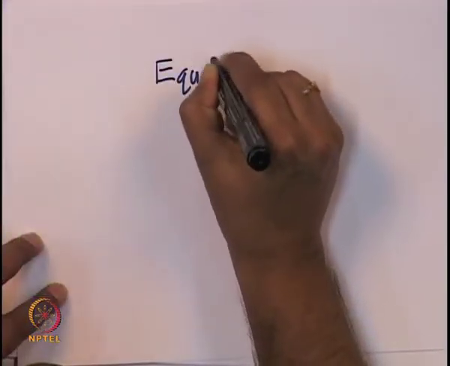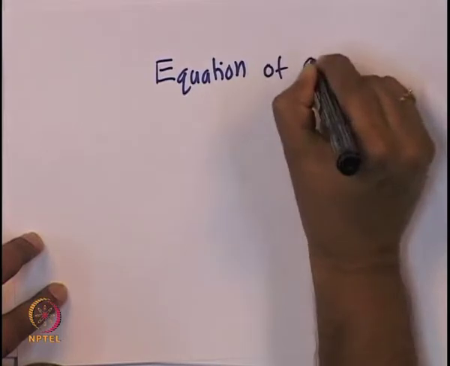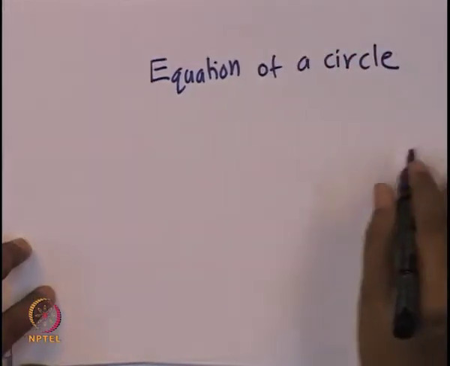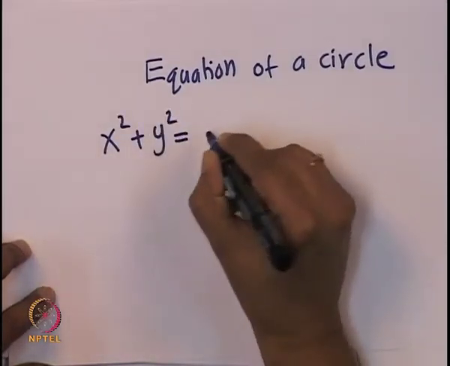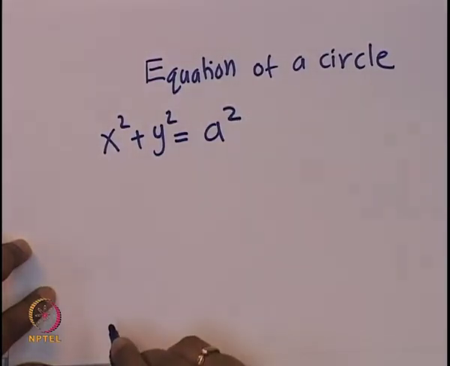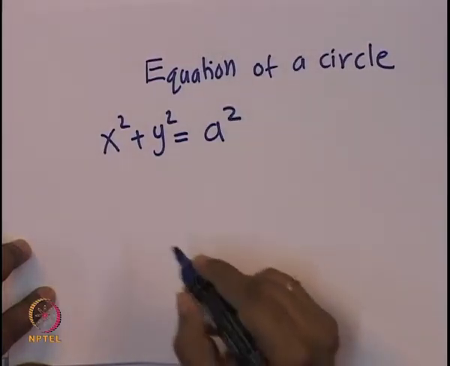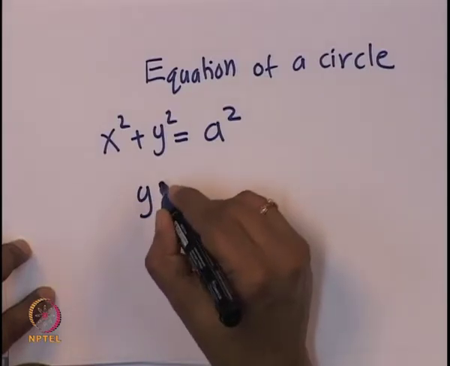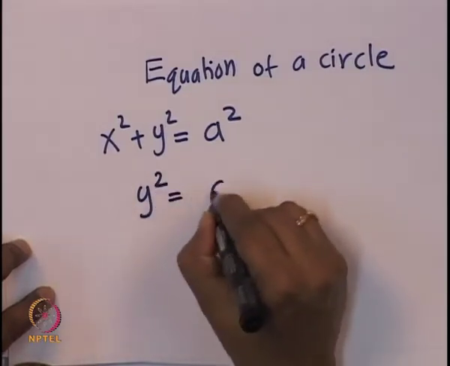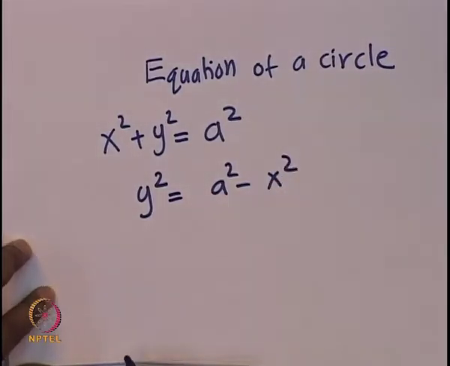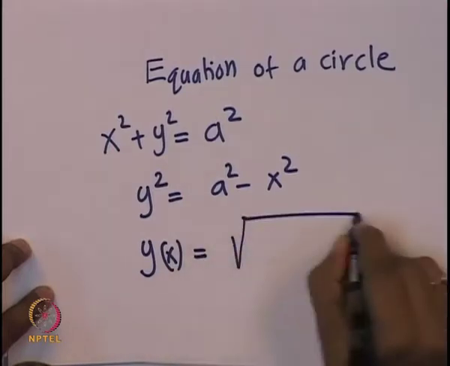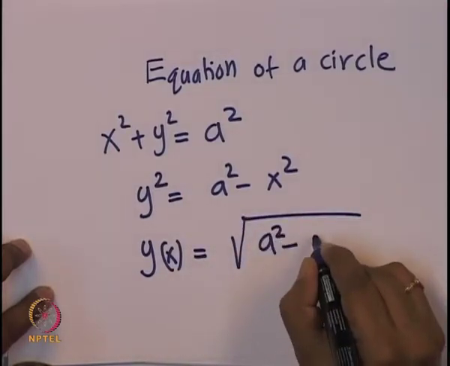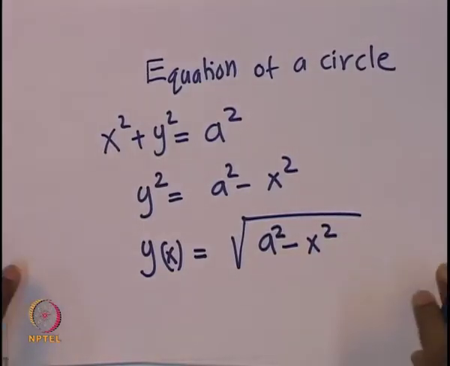Let us say you have a radius a, so x square plus y square is equal to a square. In other words, y square is a square minus x square, so y of x is root of a square minus x square. So, this is my y of x.